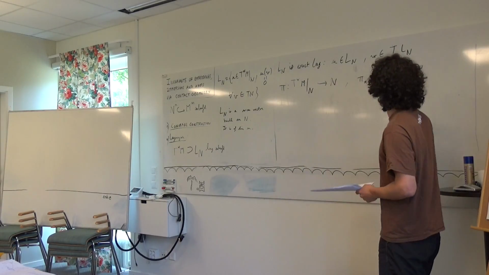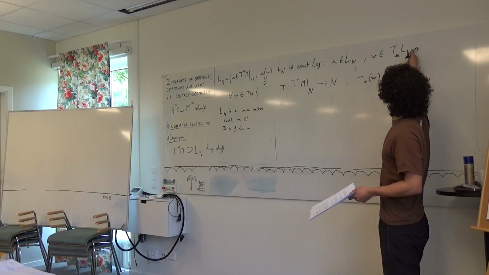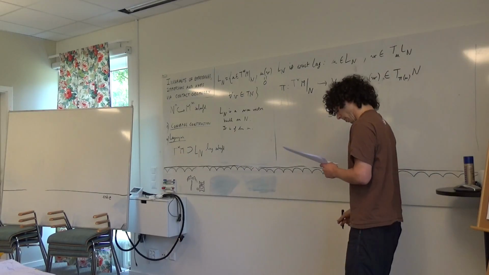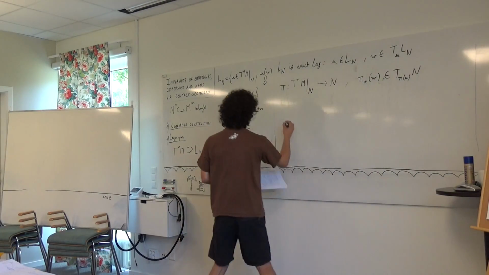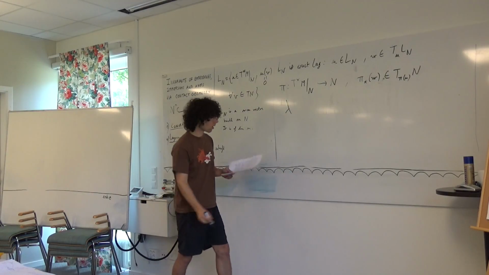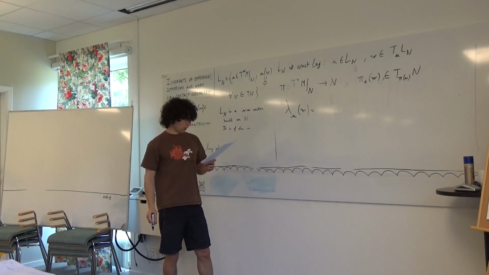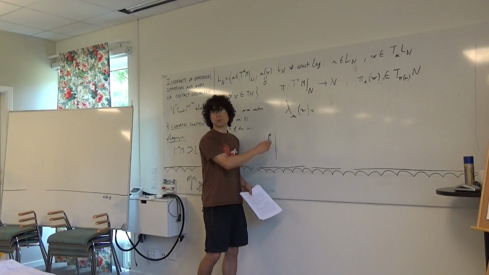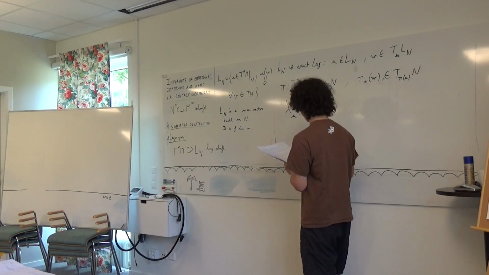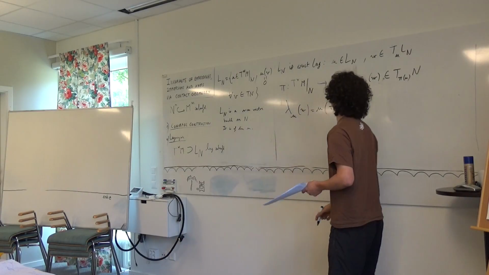The image, the projection of the tangent vector W to the conormal, is a tangent vector to M, and by definition of the Liouville form, the Liouville form above a covector U is exactly U evaluated at the projection of the tangent vector.